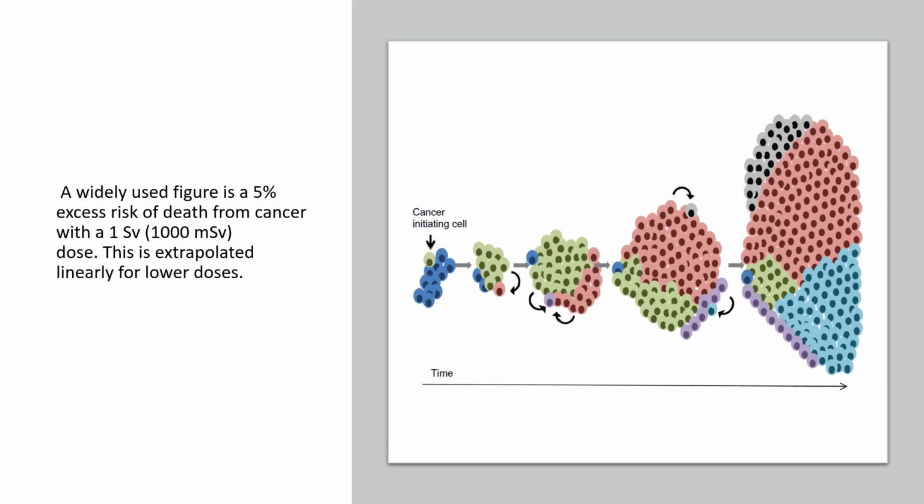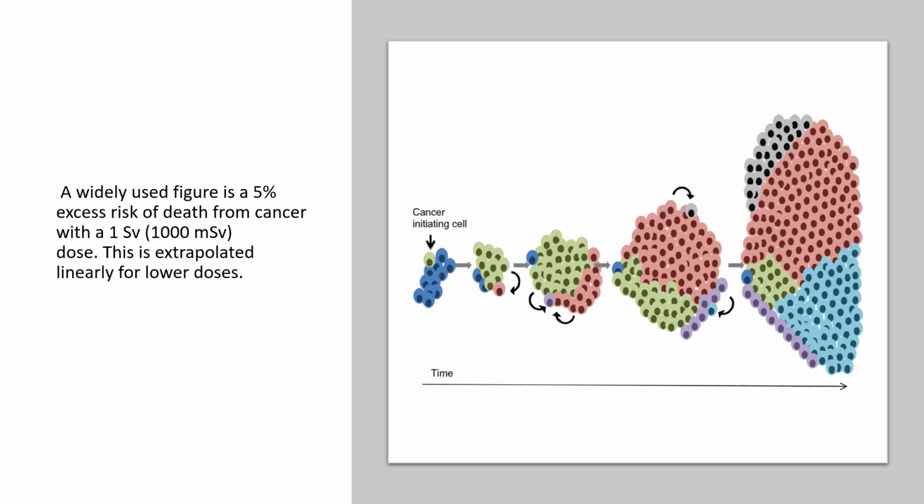When you look at it, medical imaging using ionizing radiation exposure is actually pretty safe as long as it's done correctly. A widely used figure is that a 5% excess risk of death from cancer occurs with 1 sievert of radiation dose.